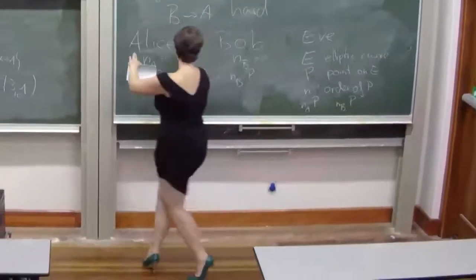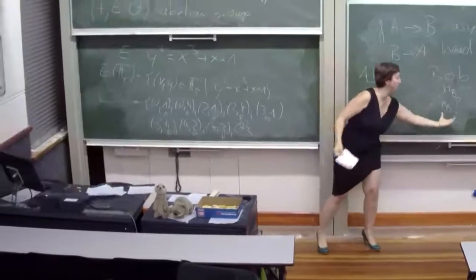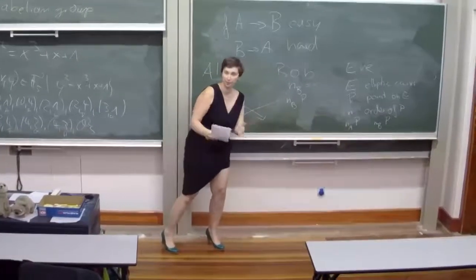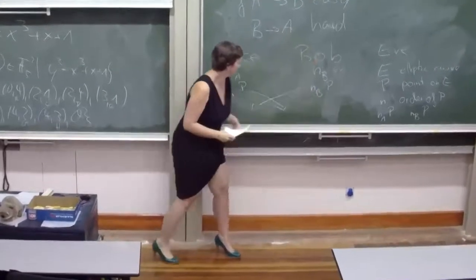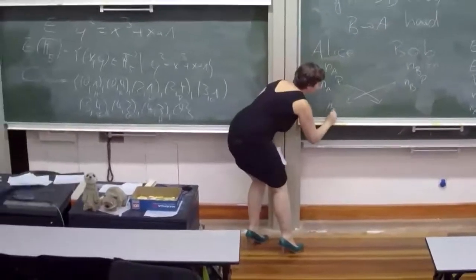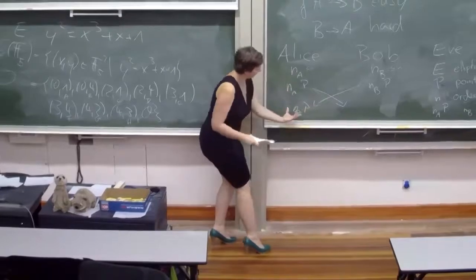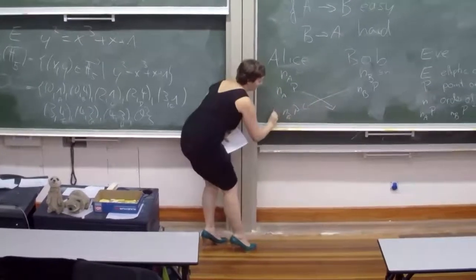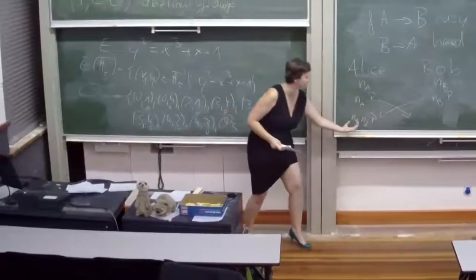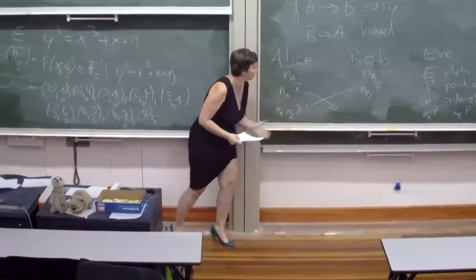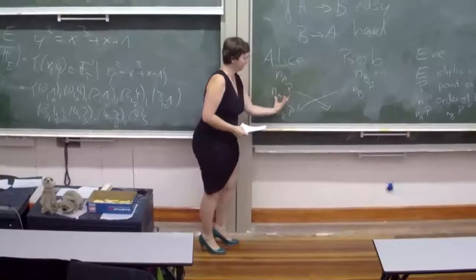So Alice got from Bob this point with coordinates, so just a pair of integers, and she takes that point and adds it NA times to itself. And Bob does the same with Alice's point.